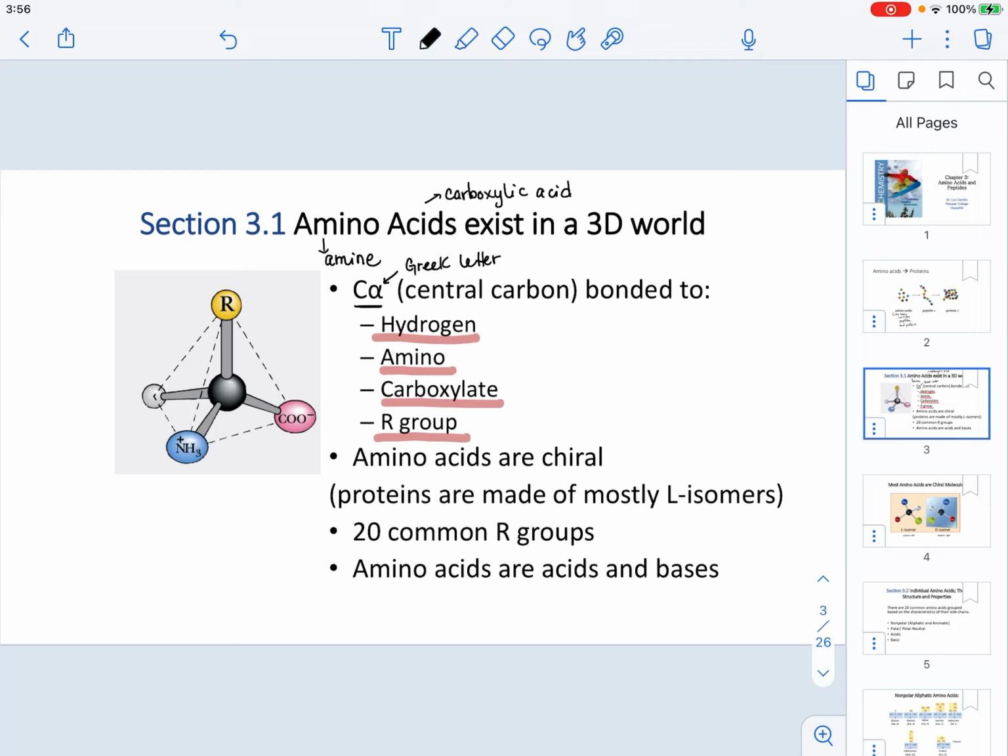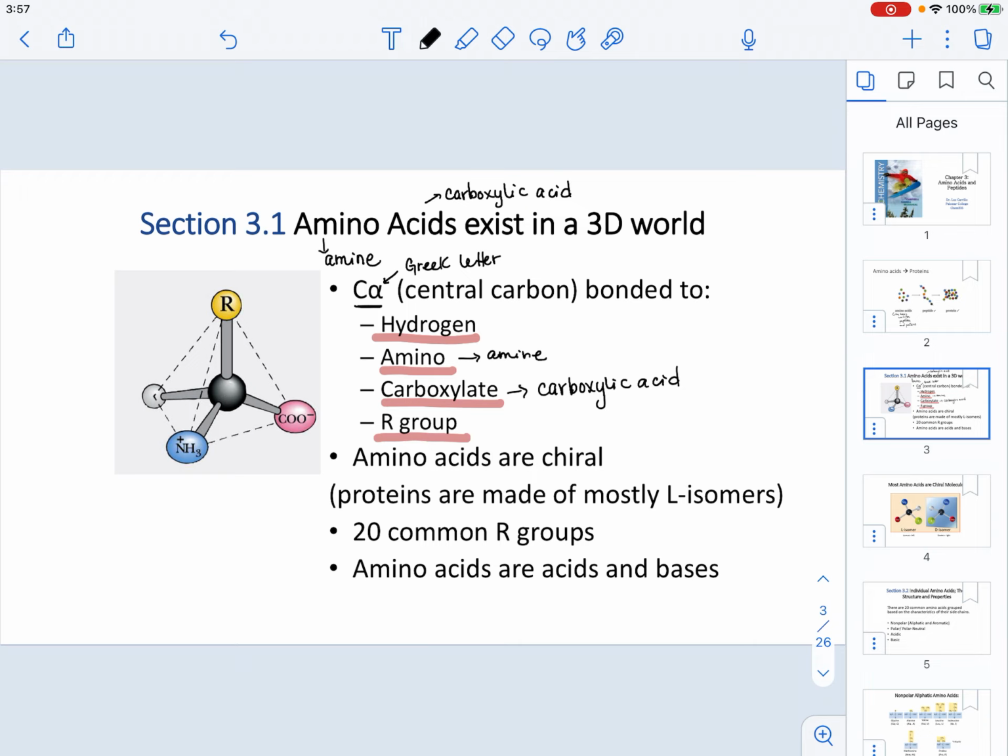So understand that the amino group is the amine functionality that I just mentioned. The carboxylate is going to be the carboxylic acid functionality. It's just that, as we're going to see, changes in pH are going to affect how those functional groups actually look like in an amino acid.